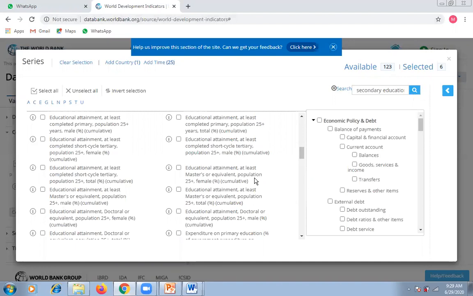Here you can see educational attainments. Primary.